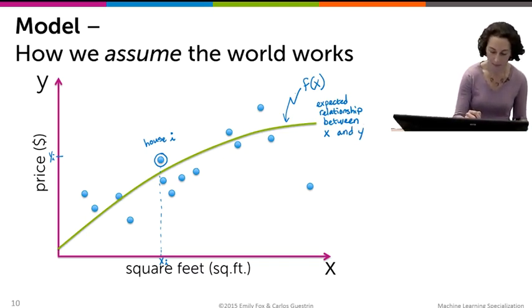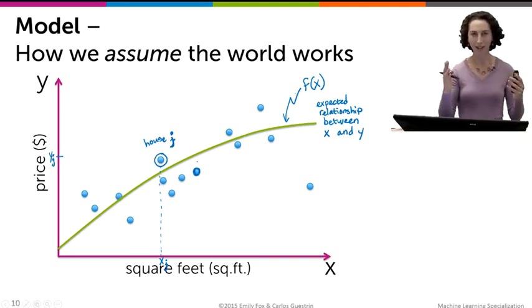So let's walk through this in a little bit more detail. Let's look at another house here, just to make this a little bit cleaner. I've reused the letter that I like to use, so I'm going to re-annotate this. I'm going to call this house J. This is XJ and YJ. And the reason I'm doing this is because I is a special notation for the house that I'm interested in.